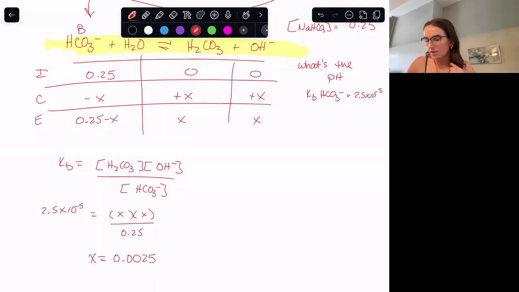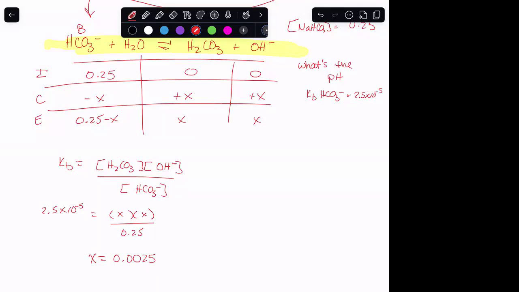So now that gives us X, what can we do with X? What does that tell us? We can use negative log.